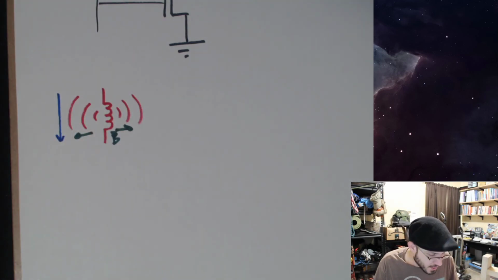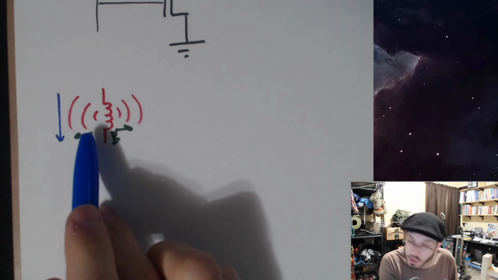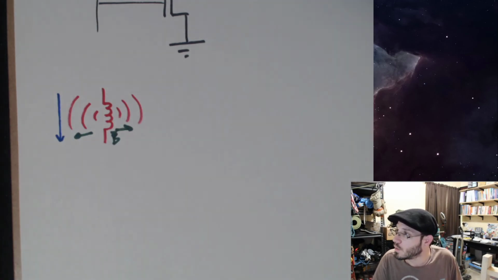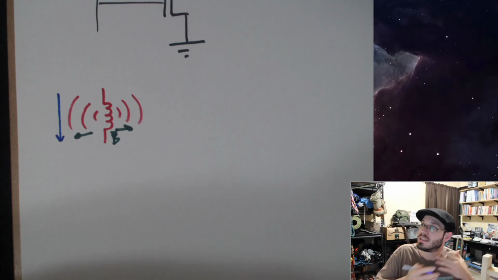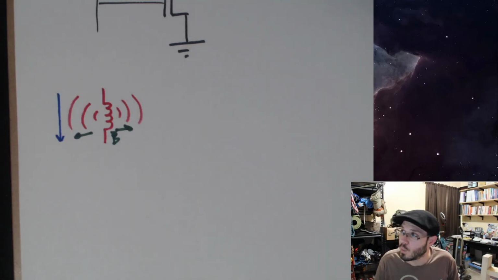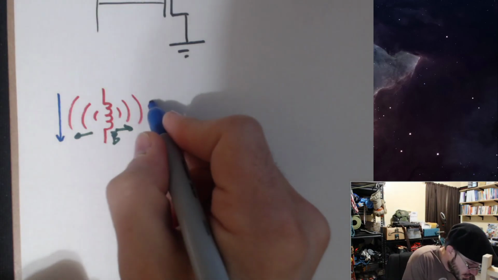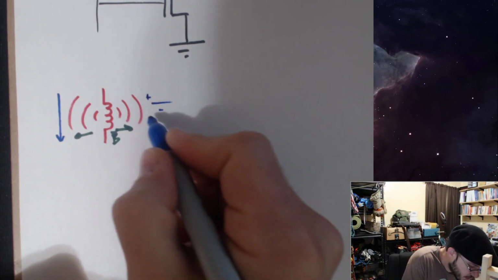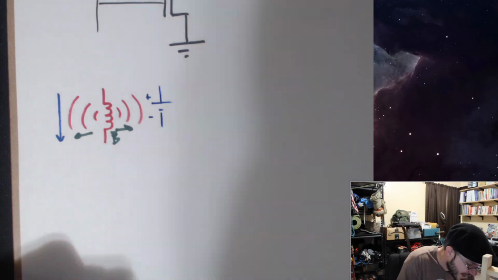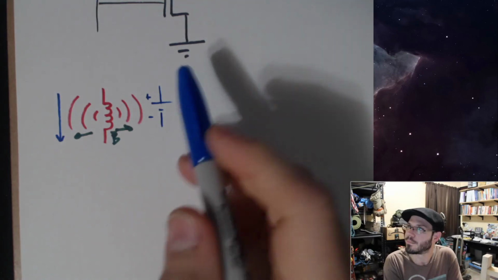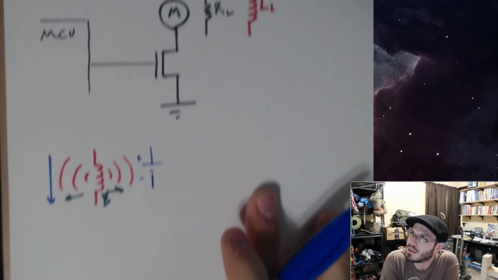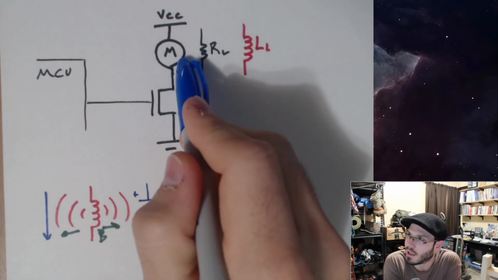So this inductor will, when we have current going through it, in other words, when we turn it on, when we go from zero current to some current, we get this expanding magnetic field, and it will induce a voltage like this. Now, this isn't a problem.